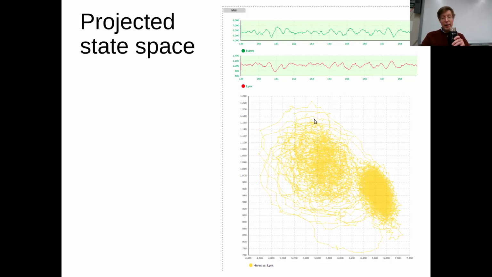The state space plot is indicating a certain codependence here between these two. You'll notice that all these trajectories head in one direction here at certain areas. They're circling around much as planets to the sun, or solar systems around the galaxy.